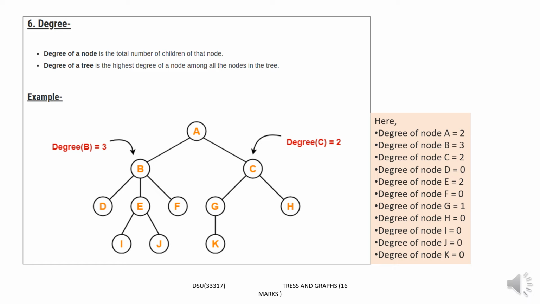F is the last node of B. So degree of F is 0, degree of node G is 1, then degree of H is 0, again degree of I, J, K are 0. So the highest degree of a node is 3, that's why the degree of the tree is 3 in this tree. Okay.